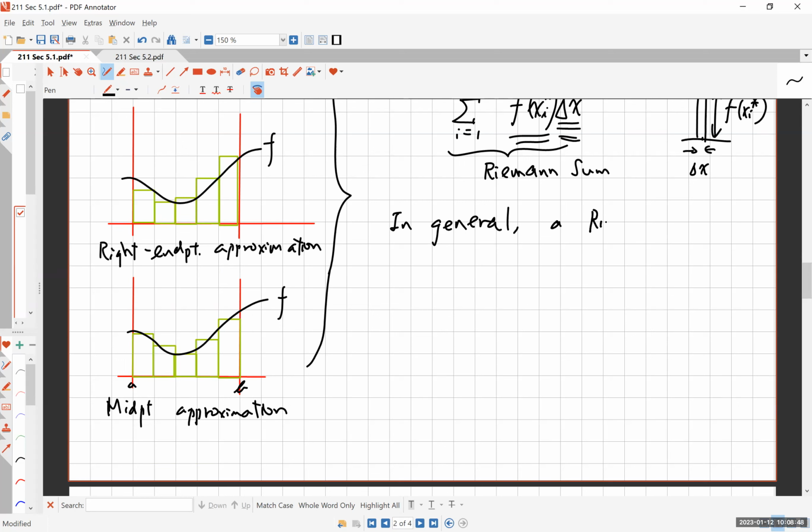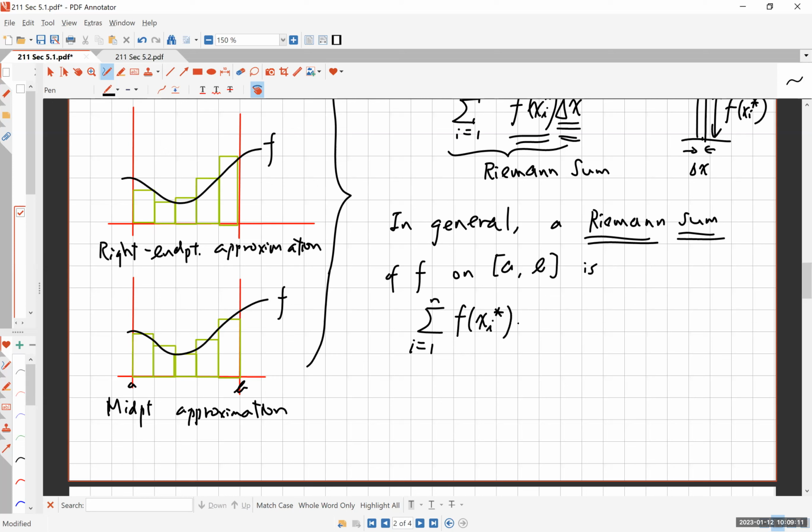A Riemann sum of f on [a, b] is the sum from i equals 1 to n of f of x_i star.